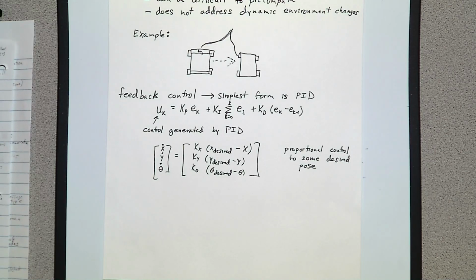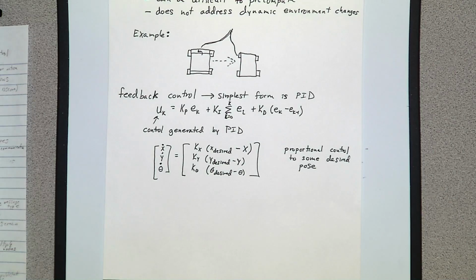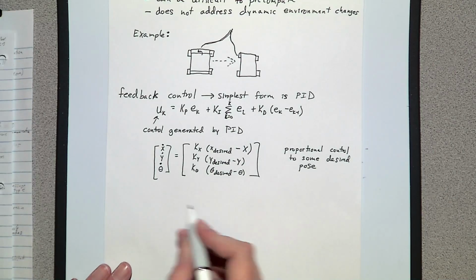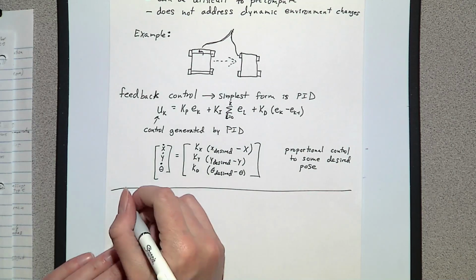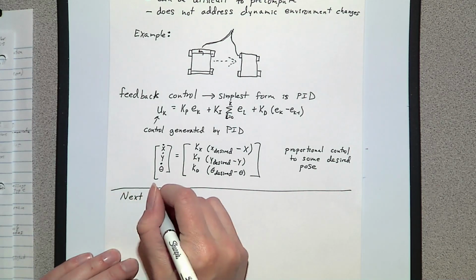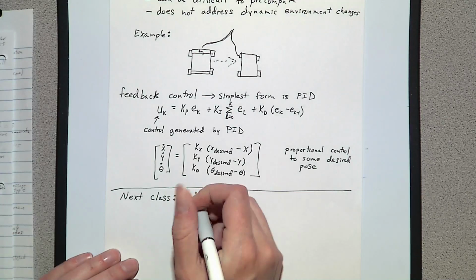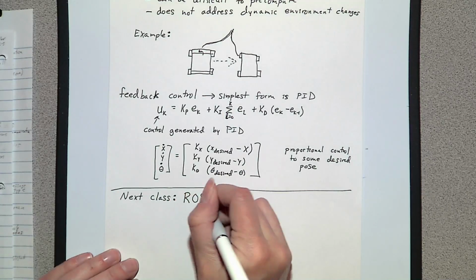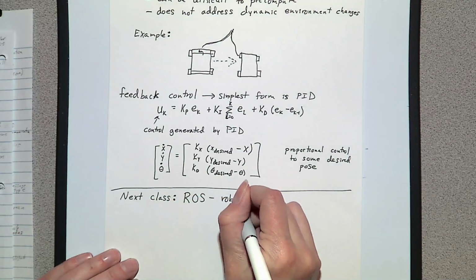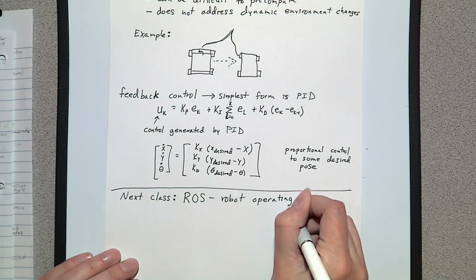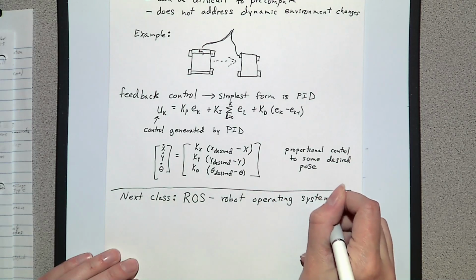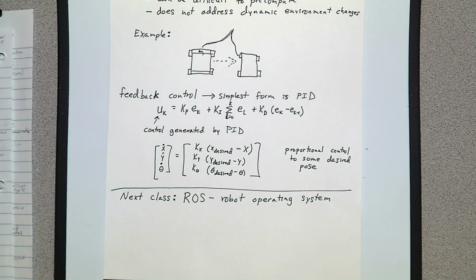What we'll be talking about a little bit more next class, I'll give you a preview. Next class we'll be talking about ROS, which stands for the Robot Operating System, which is a little bit of a misnomer. It is not a true operating system.